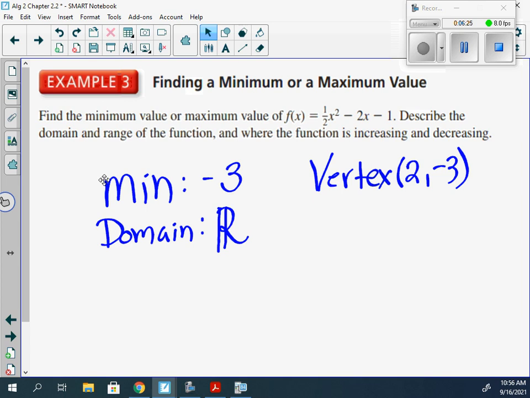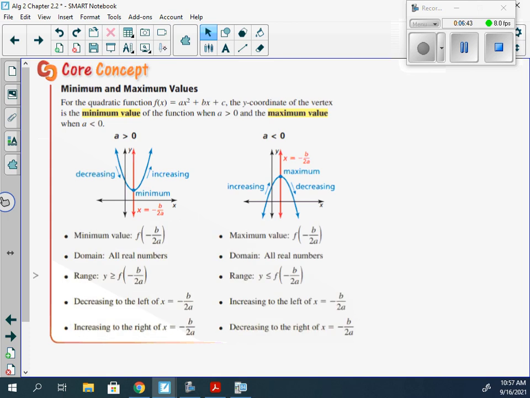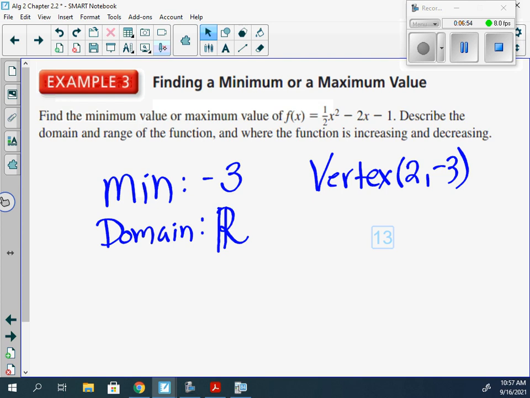Because I talked about the domain being all real numbers yesterday. But would it be anything dealing with quadratics? Well, no, because I mentioned what? Rational functions and radical functions. So when we looked at this yesterday, I highlighted both of these because the domain was all real numbers. For any polynomial function, the domain is going to be all real numbers.